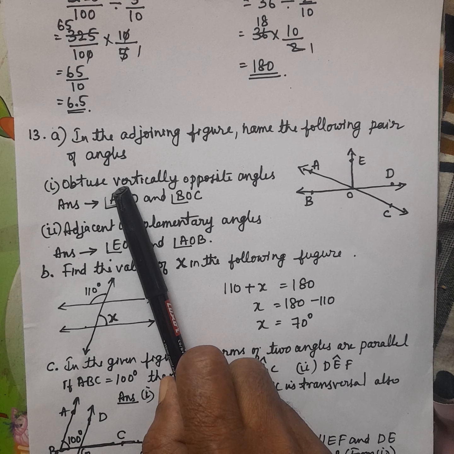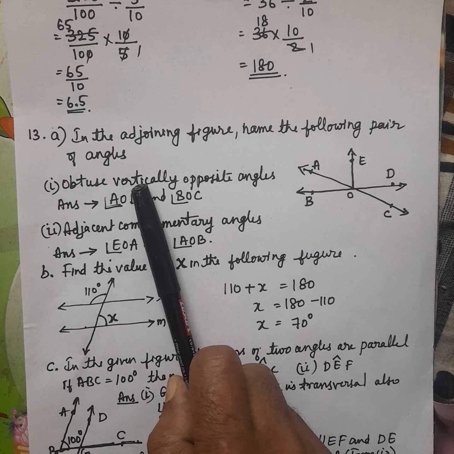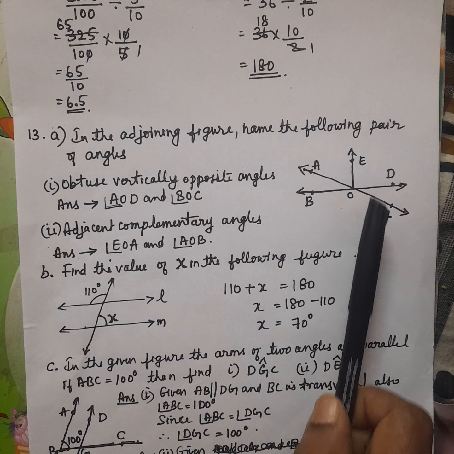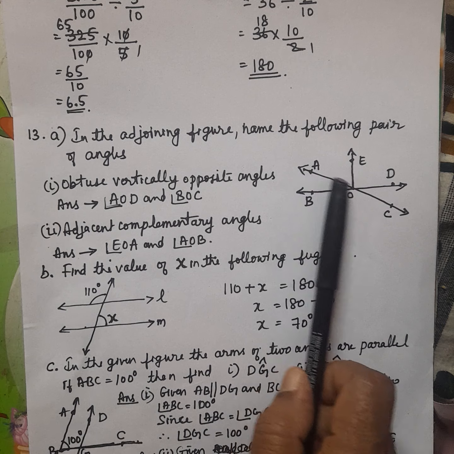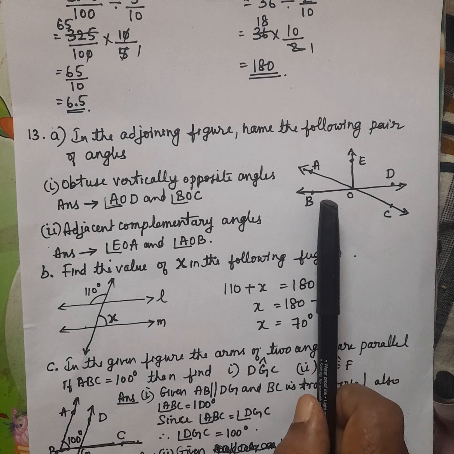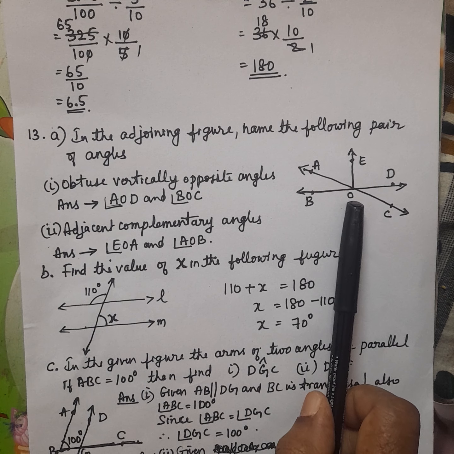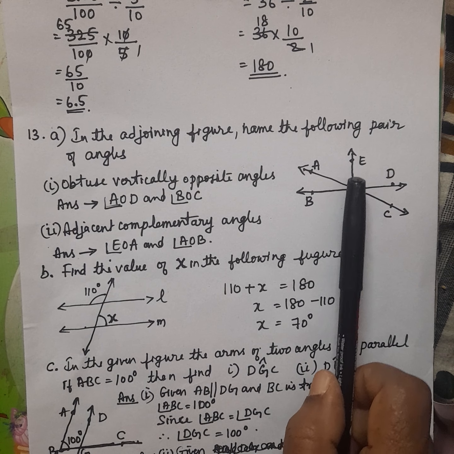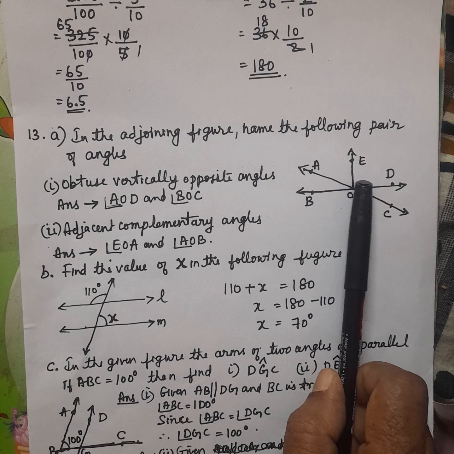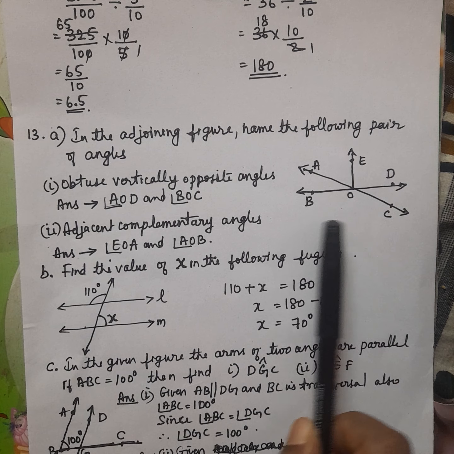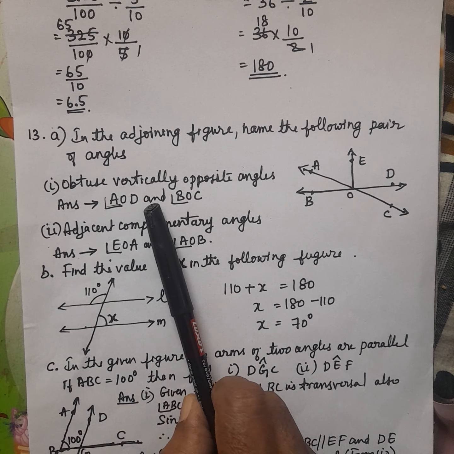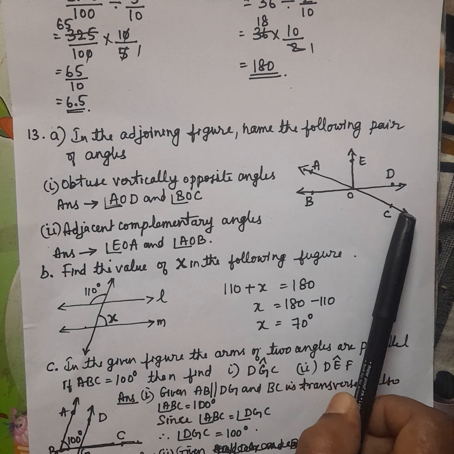Here, obtuse vertically opposite angles. When you check here, you will find AOD and BOC are vertically opposite angles with obtuse angle. That is, they have more than 90 degrees. So the answer is angle AOD and angle BOC.